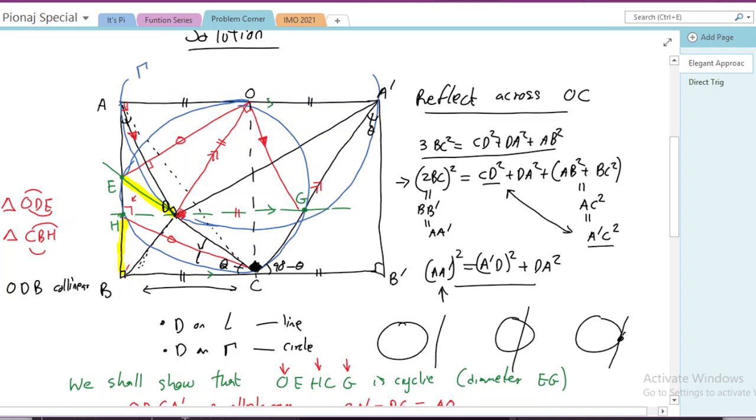Okay, so with this now we have the right tools to look at ratio.